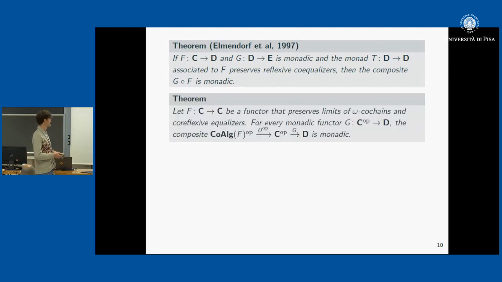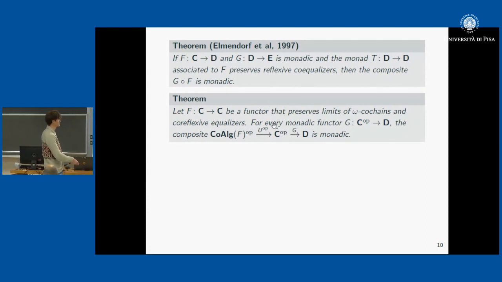Okay. And in our case, we are in this situation where we have the opposite of this forgetful functor. We want to understand when a certain composition is monadic, and this is the condition.